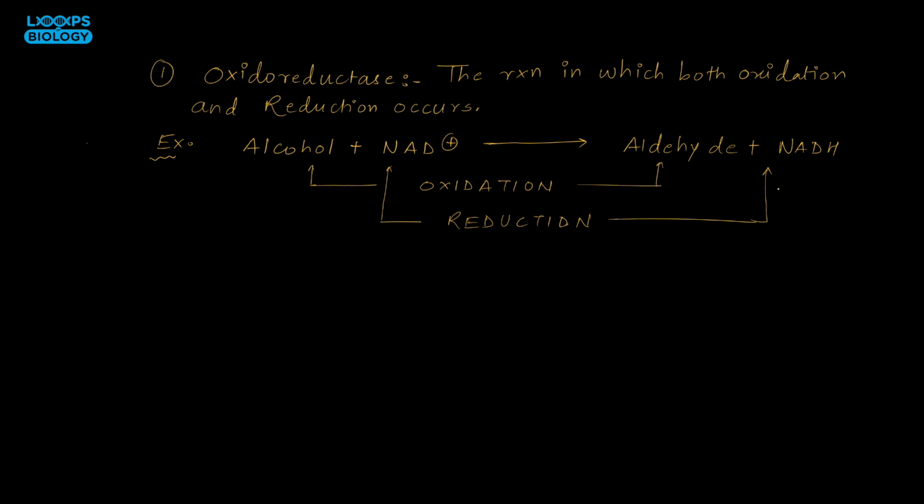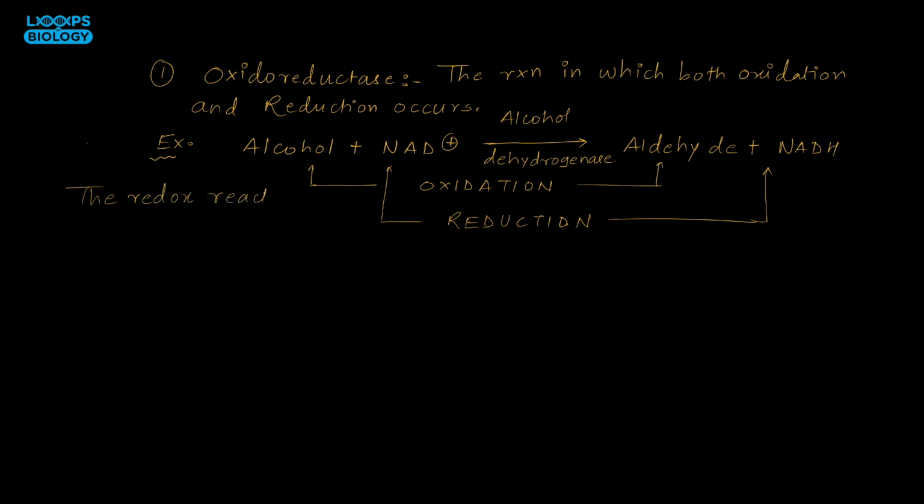This complete process is carried out by alcohol dehydrogenase. The enzyme is removing hydrogen from alcohol, converting alcohol into aldehyde. That means it is carrying out oxidation, and to balance that oxidation, the reduction is taking place. So why does the redox reaction take place? The redox reaction occurs.